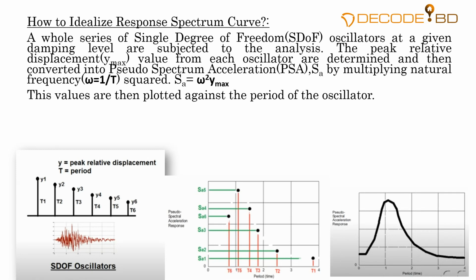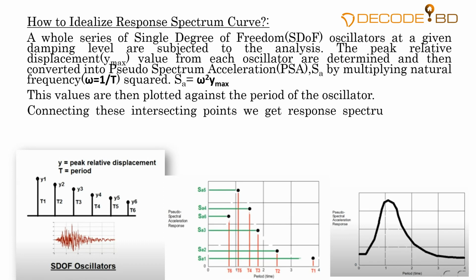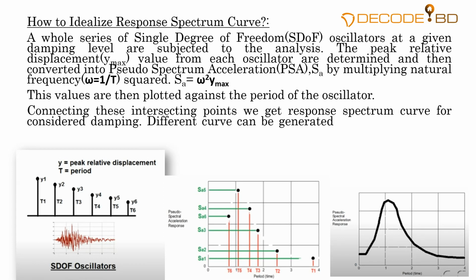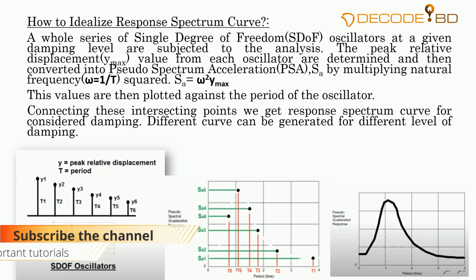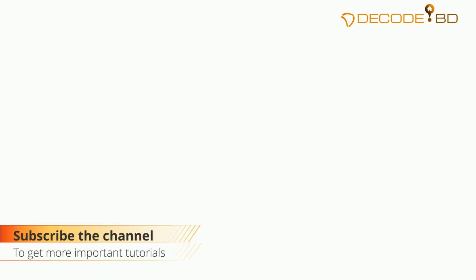Now connecting these intersecting points we can get the response spectrum curve for the considered damping. Different curves can be generated for different levels of damping.